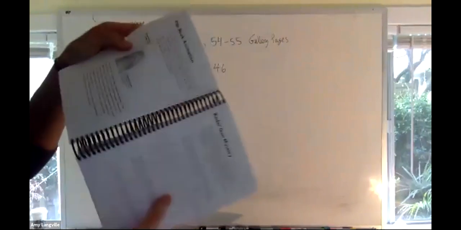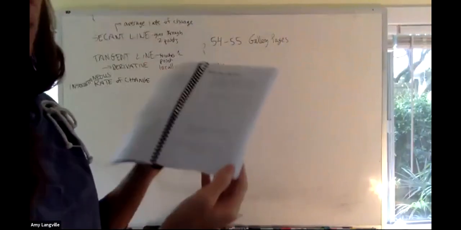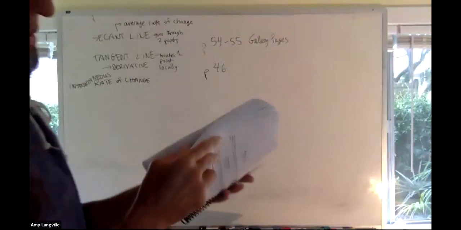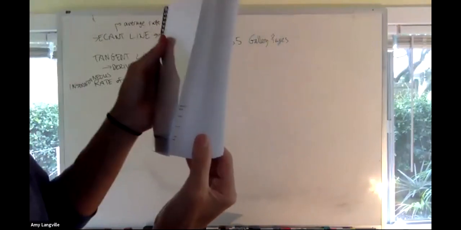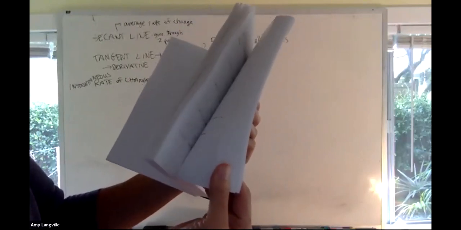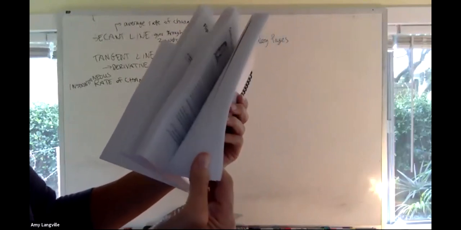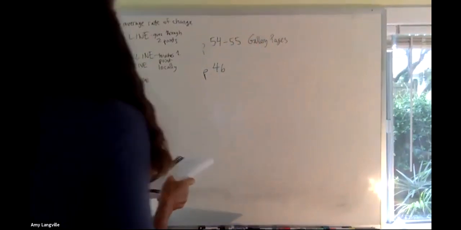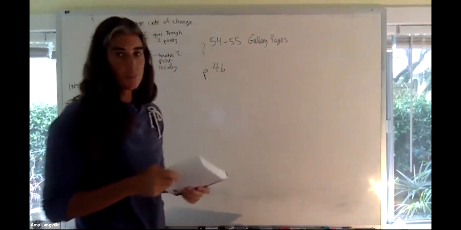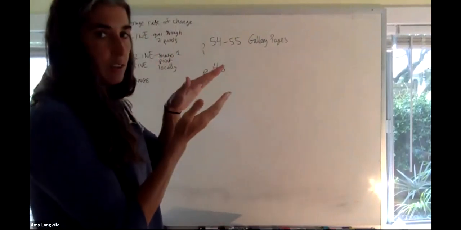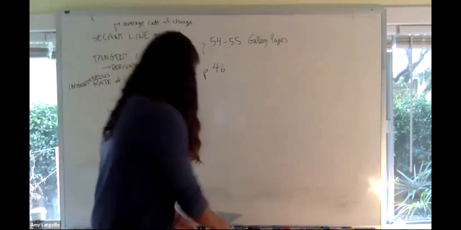So you can do this right now. Notice on the next several right-hand pages, there is that little fingerprint function. If you do it as a flip book and watch that fingerprint function, the secant lines converge to the tangent line as you flip through there. So that's another way of animating what is on pages 54 and 55. This idea that the secant lines have to converge to the tangent line.